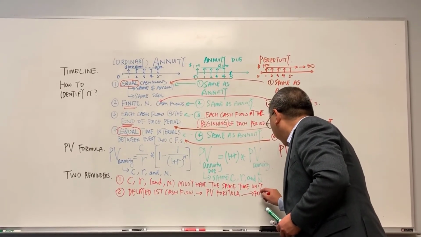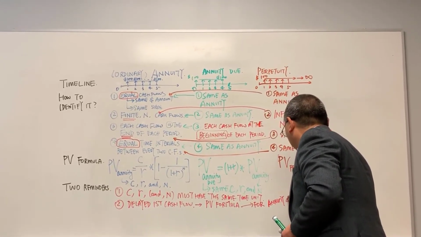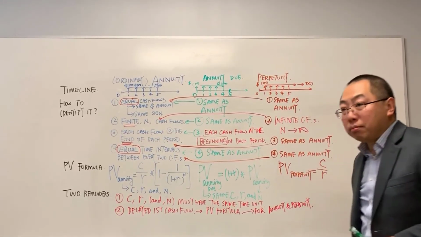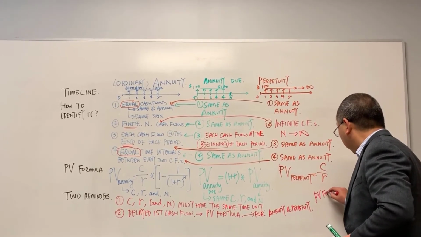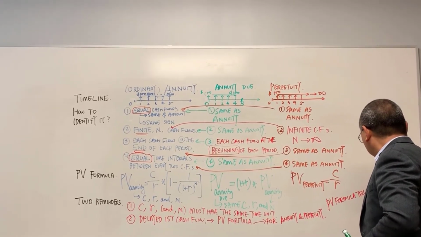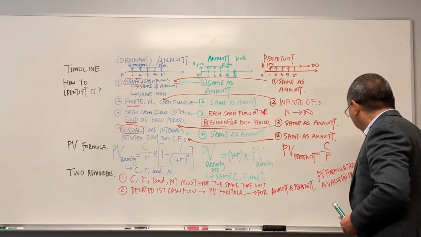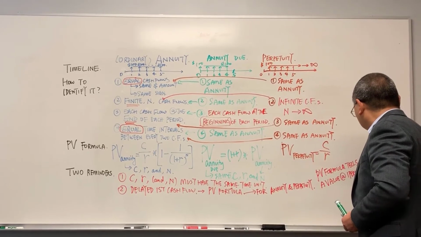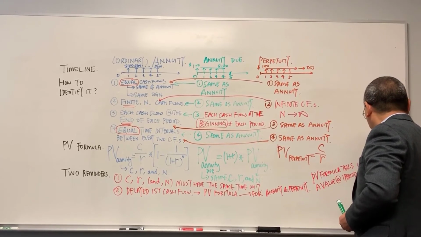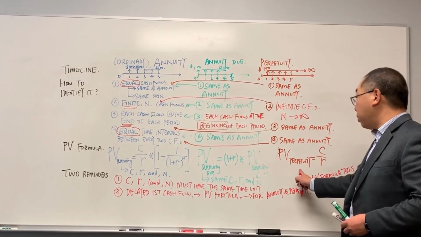Number one, for annuity and perpetuity, the PV formula tells us a value at one period before the first cash flow.